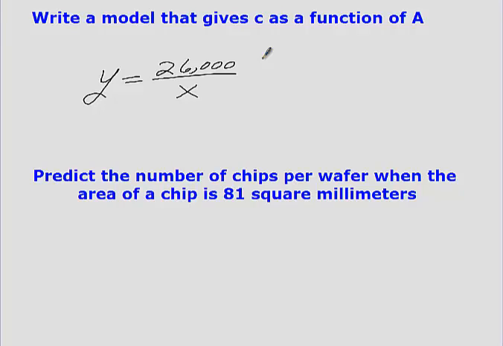Yes, no, maybe? Okay. So now it says predict the number of chips per wafer when the area of a chip is 81 square millimeters. So is this an x or a y? It's an x, right?